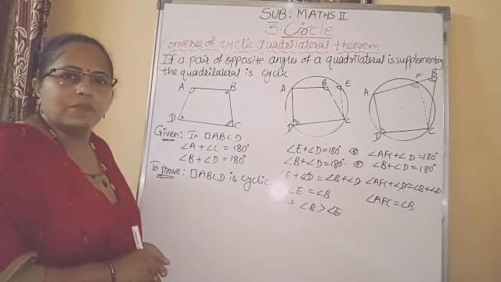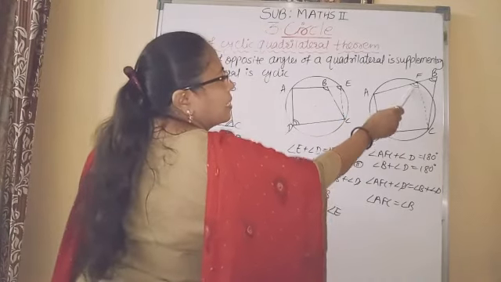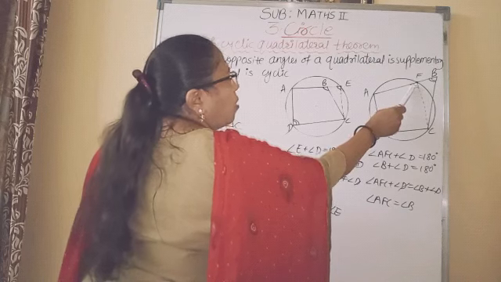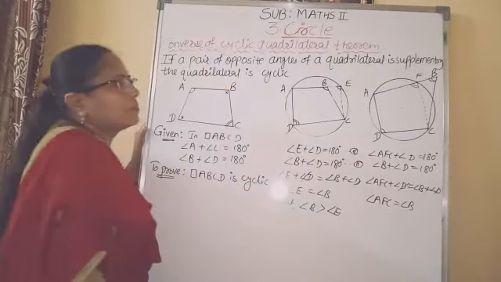Now again observe the figure. Angle AFC is the exterior angle of triangle BFC.